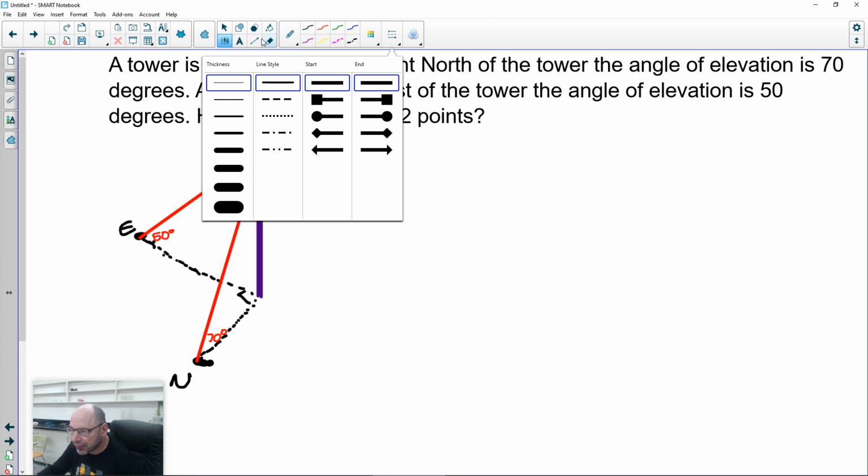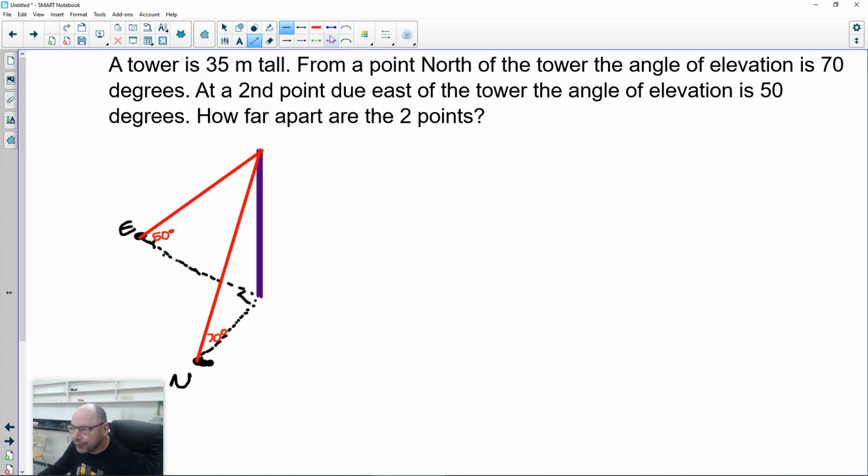Let's make a straight line. Okay, so this is our hypotenuse here. So basically, we have this tower being 35 meters high.